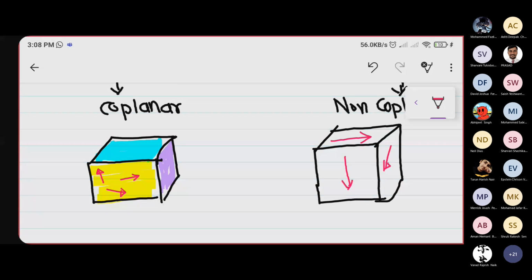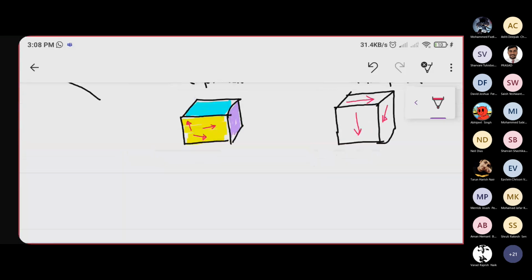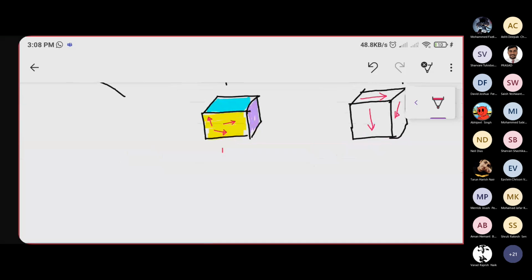Okay. Now we have this coplanar and non-coplanar, again classified into three types, and those three types are similar to each other.